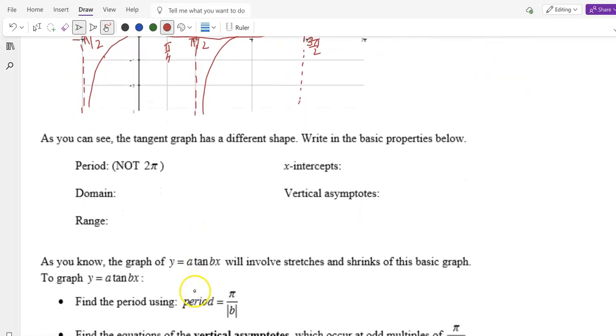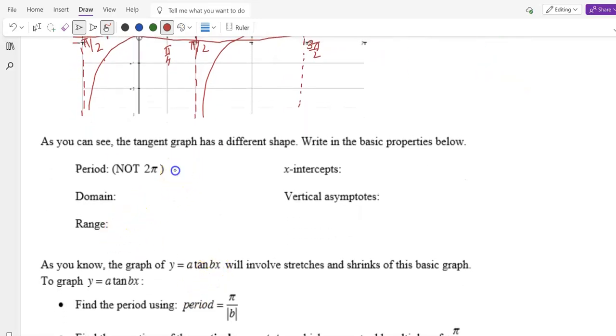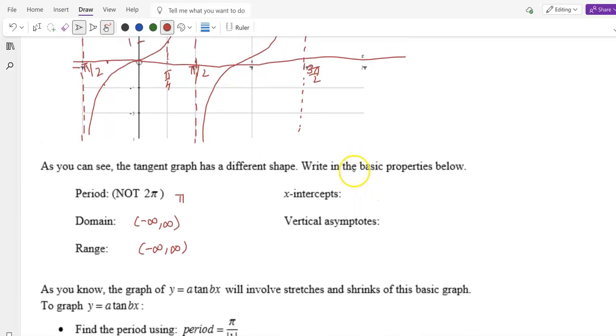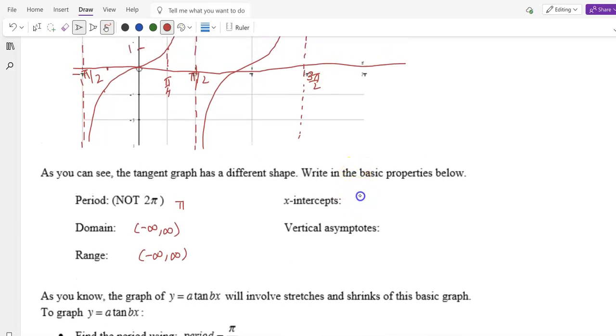And so period is what? Period is pi. Domain? Negative infinity to infinity. Range? Also negative infinity to infinity. X-intercepts? 0, pi, 2 pi, and so on.